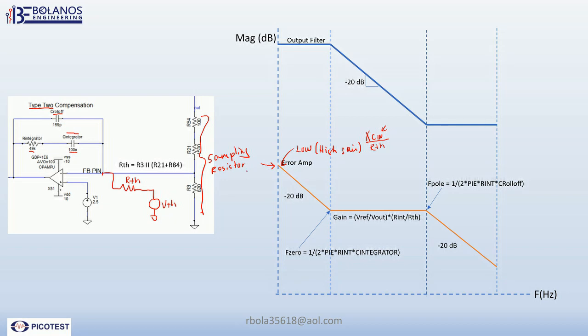But as the frequency goes up, X of C gets smaller, so the gain starts to drop. And it drops until the integrator resistor takes over.